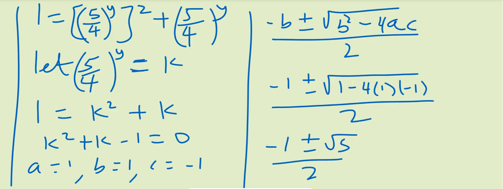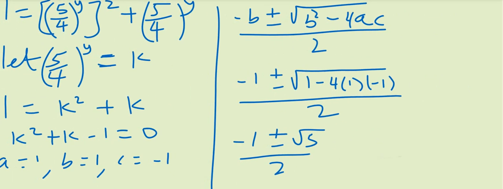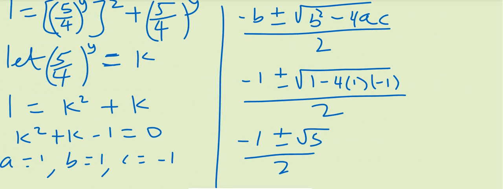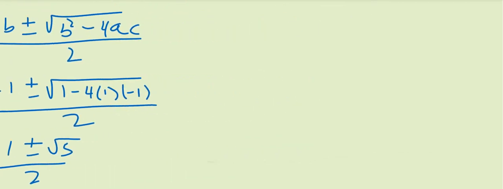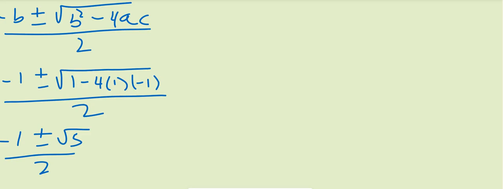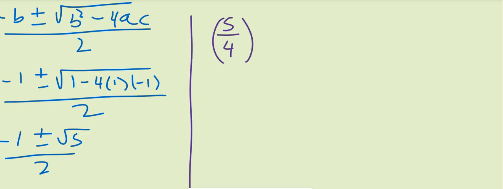Now, since I've gotten k and I represented k with an exponential form to the power of y, from there I can get my y. Don't forget, you're not supposed to press your calculator for this part. The question is meant to be answered in exact form. If you're answering this, you have to give your answers in exact form. So don't forget, I represented k as 5 over 4 to the power of y equals minus 1 plus root 5 over 2.